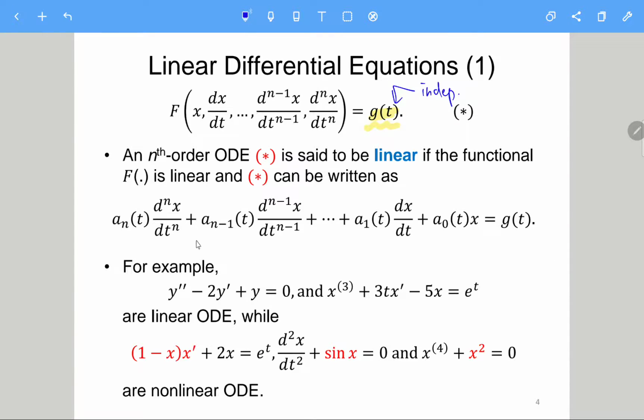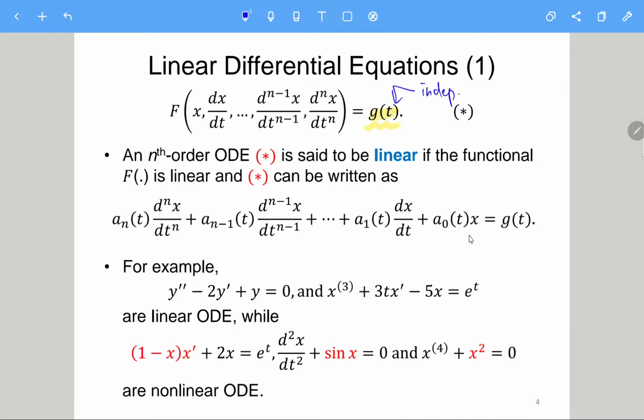We will have the nth derivative, the (n-1)th derivative, up to the first derivative and the original function on the left hand side, and there is a coefficient for each term.